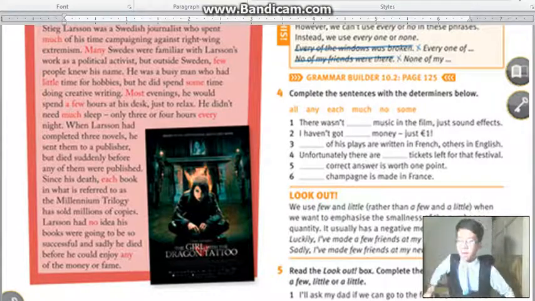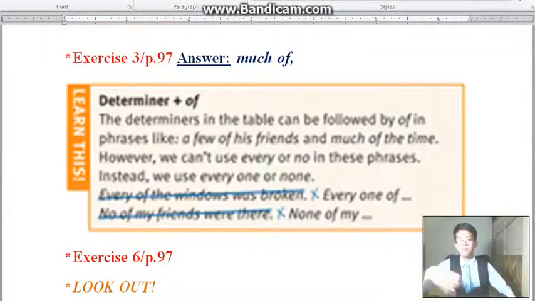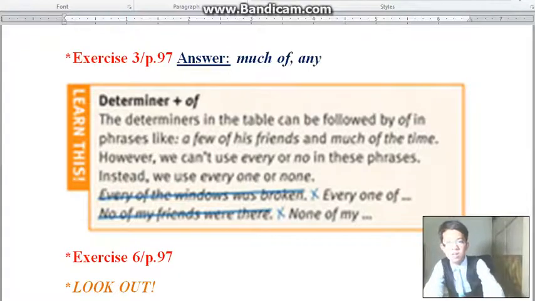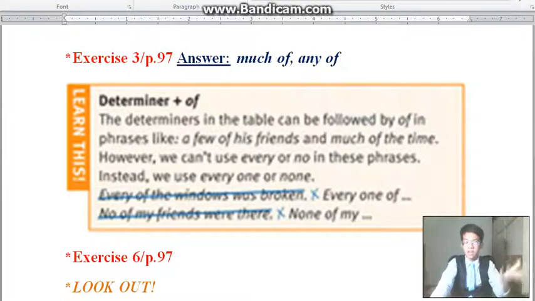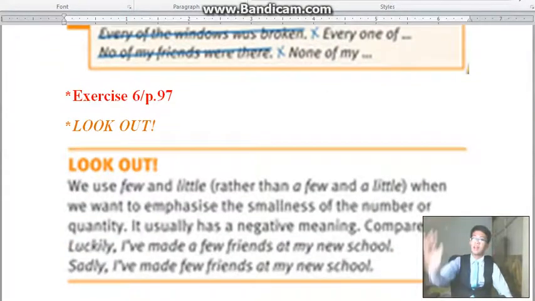Any of the money or fame, the last line, the last sentence in the text. Alright? Any of. Alright, so we can use those phrases mentioned in the learner's box in the exercise number 3, page 97. Alright, so now let's go to the next exercise.